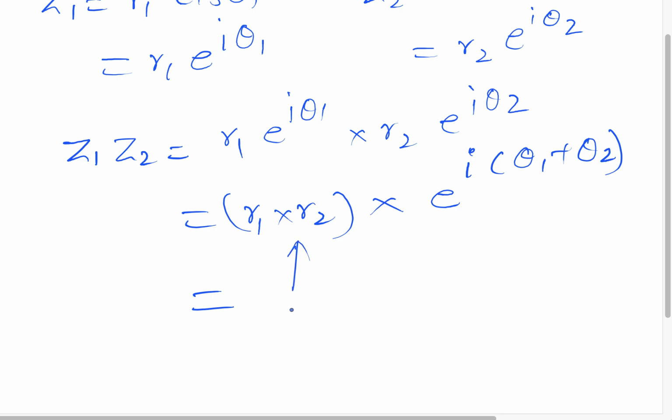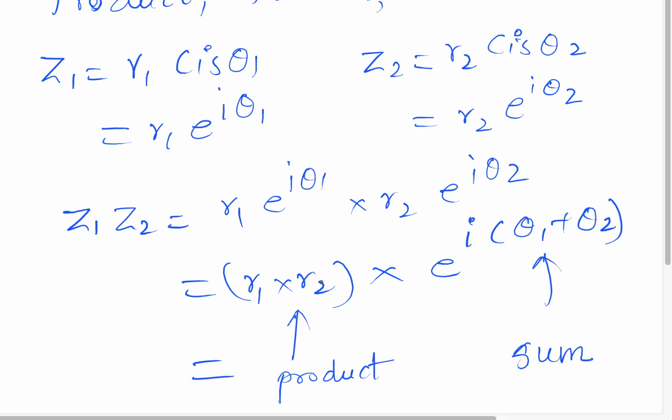So the modulus is the product and the argument is the sum. That's what is happening here. So it is very intuitive to understand that arguments will get added, correct?